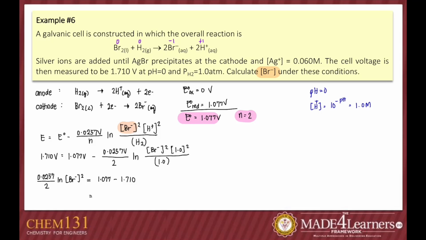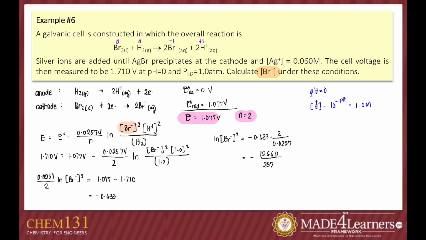And then we're going to cross multiply. So ln of Br negative raised to the power of 2 is equal to negative 0.633 times 2 divided by 0.0257. And that gives us an answer of negative 12660 over 257.